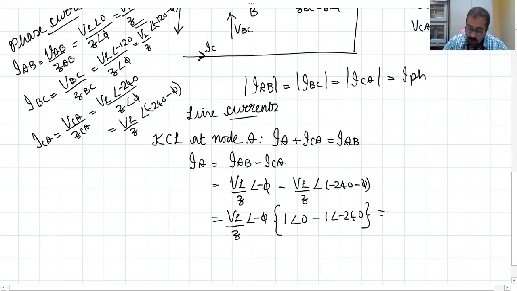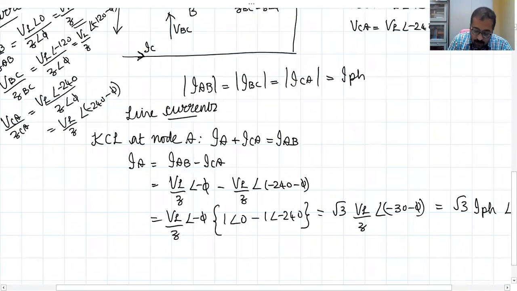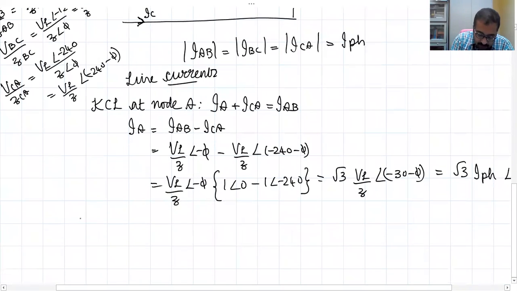If you do this, you will get root 3 VL by Z angle minus 30 minus phi. Keep in mind, VL by Z magnitude is IPH, so I can write this as root 3 IPH angle minus 30 minus phi. Now apply KCL at node B.